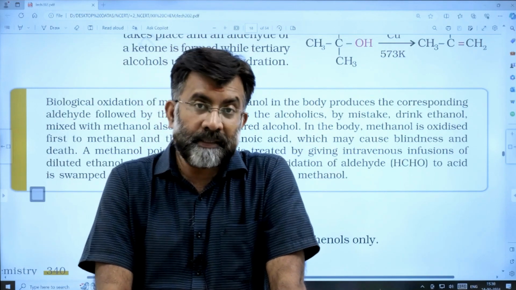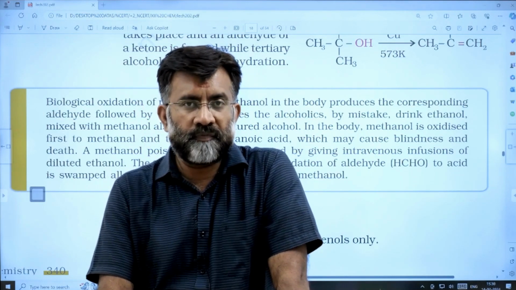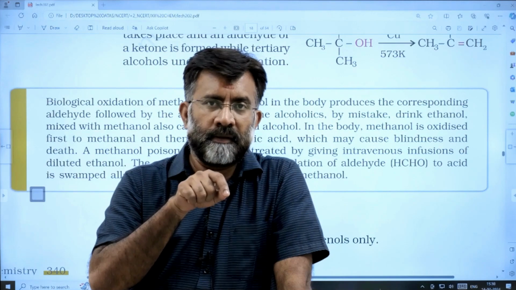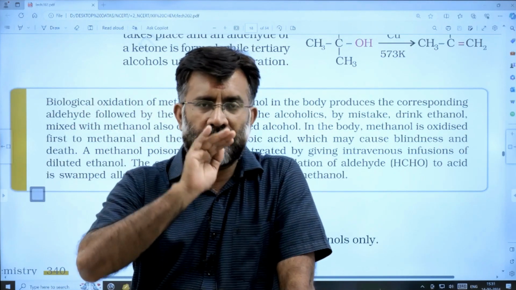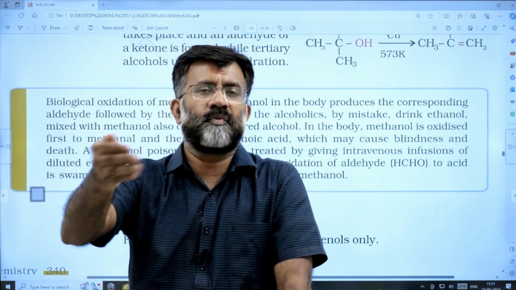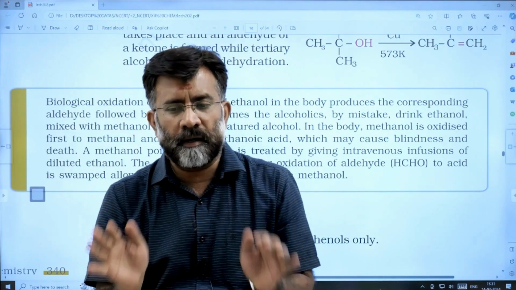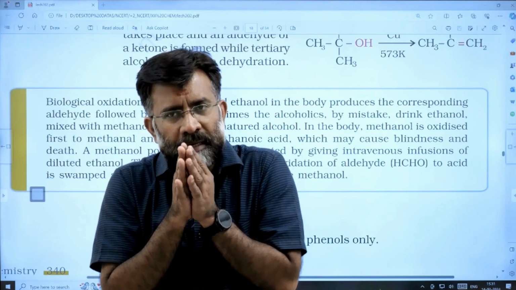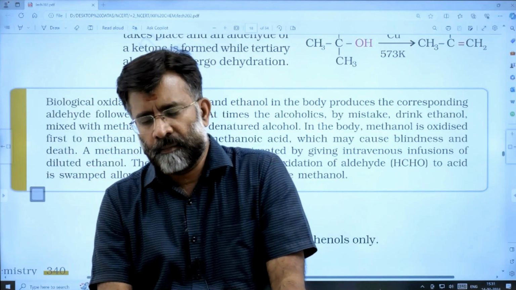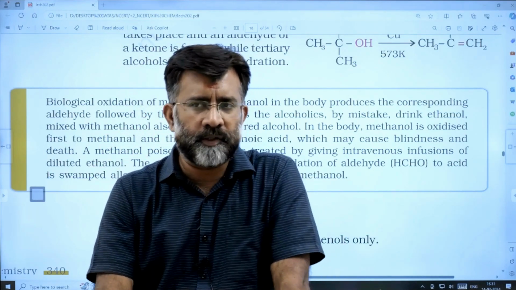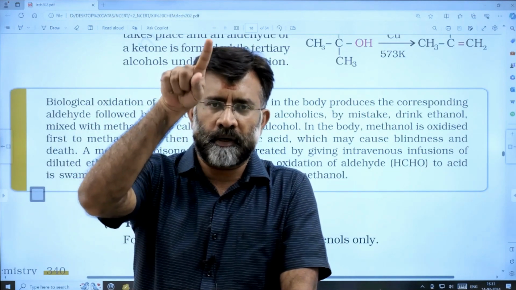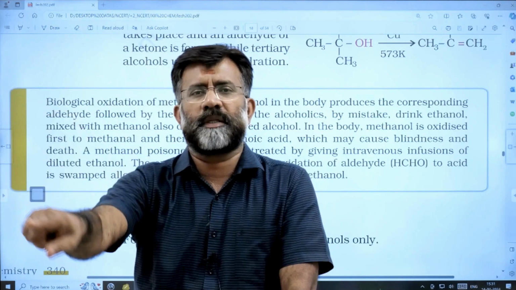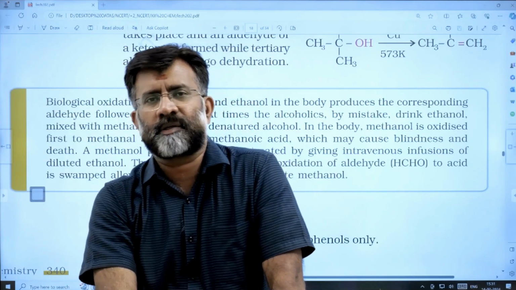While methanol is toxic. So when methanol is consumed, the first immediate effect is that eyesight is lost, and the subsequent consequence will be death. You see, the toxic effect is basically not from methanol itself. Methanol in the body undergoes oxidation, converted to methanal, and from there to methanoic acid. That is toxic.